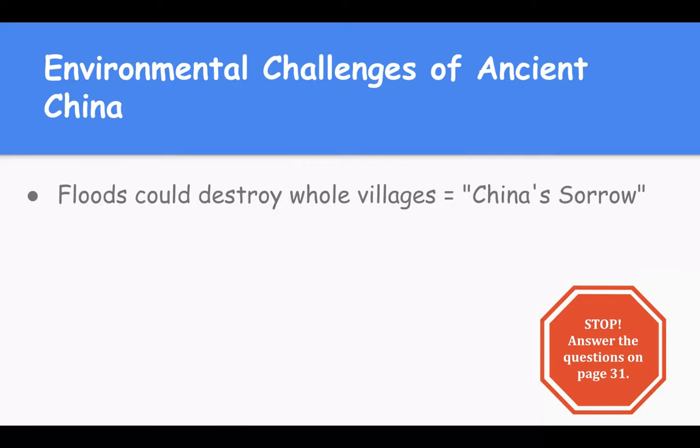A problem that they had was that the Yellow River flooded just like the Tigris and Euphrates. And when they did flood, they could destroy entire villages, which is why the river was also called China's Sorrow.